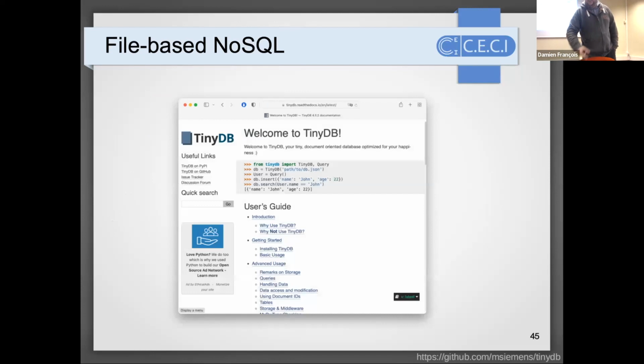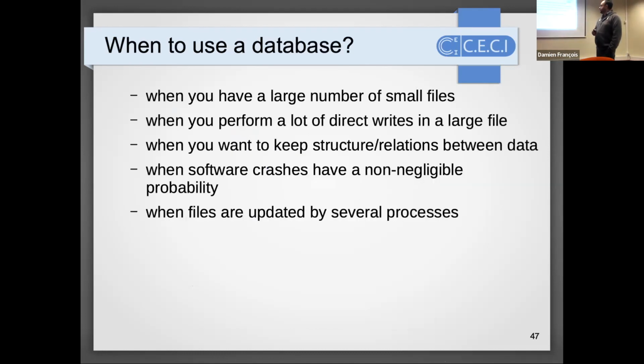And again, the way you use it is using a package or library that is already provided by the people who wrote TinyDB. And then you can run the same commands as you would do against a MongoDB, except that here it goes to a file. So when would you need to use that kind of storage system?